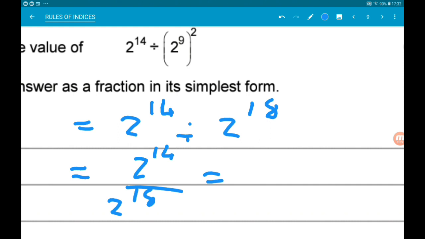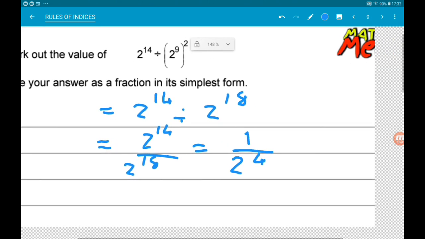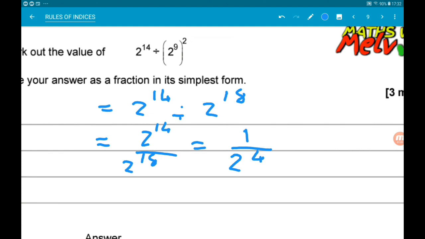So we can divide top and bottom by 2 to the power 14. So this then is 1 over 2 to the power 4. Now 2 to the power 4 means 2 times 2 times 2 times 2. So that's 1 over 16.